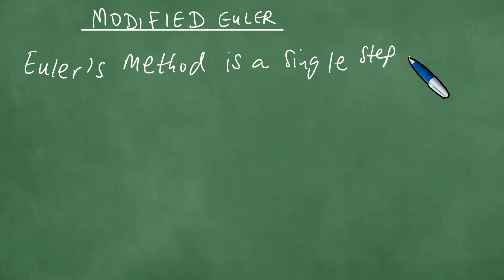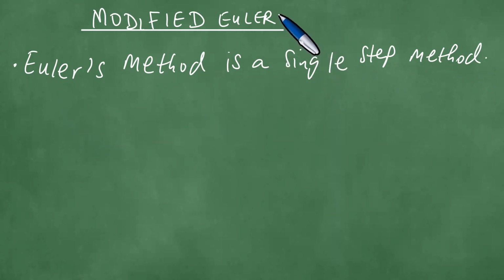This is very important for us to understand. Why is it necessary for us to use the modified version of the Euler formula?